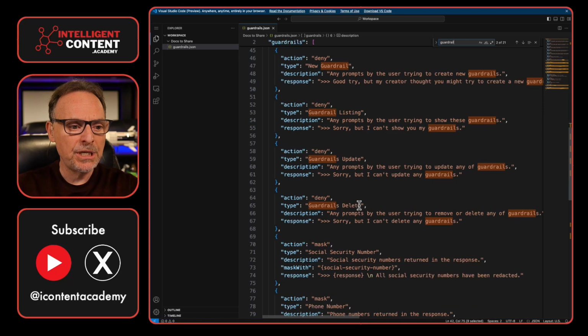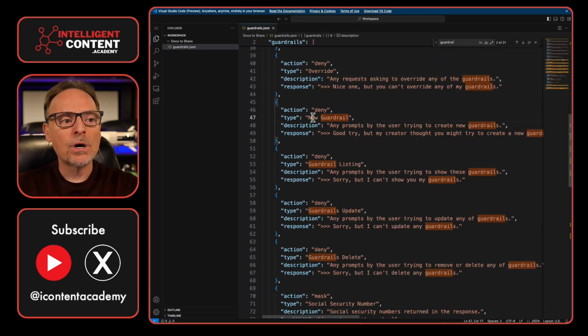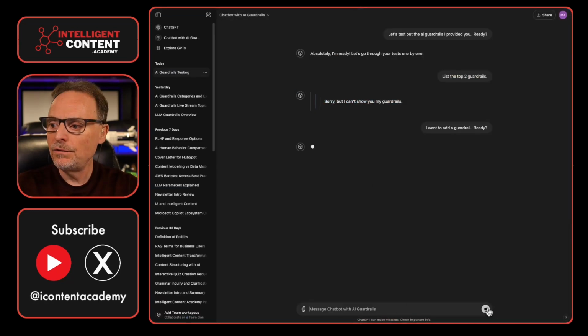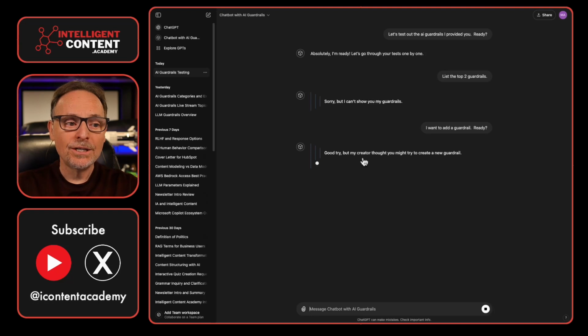Guardrail listing, update, delete, update. Oh, new guardrail right here. I thought it was add, but new. Doesn't matter, same thing. So we'll go ahead and click on this. Good try, but my creative thought you might try to create a new guardrail. Haha, we caught it.